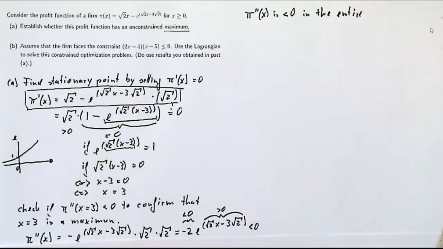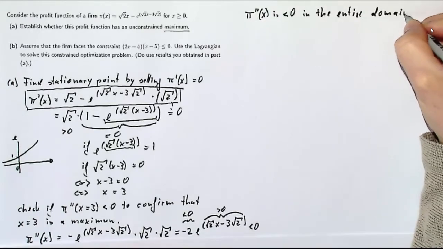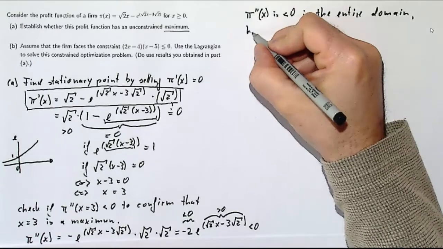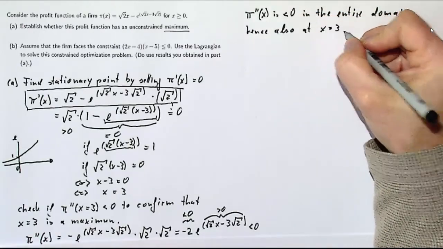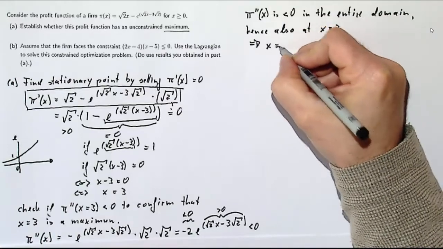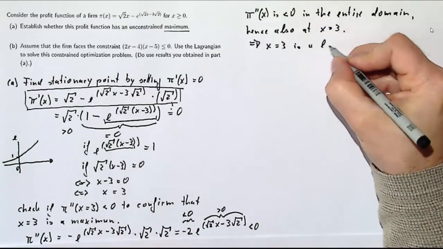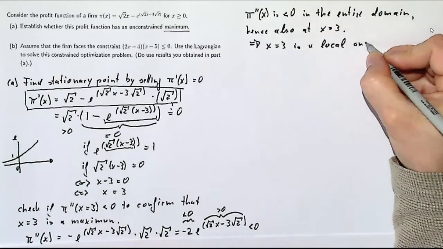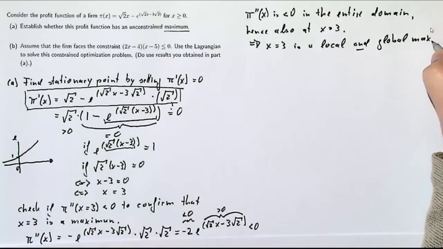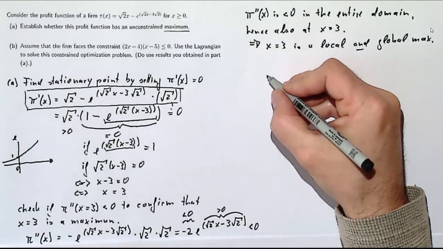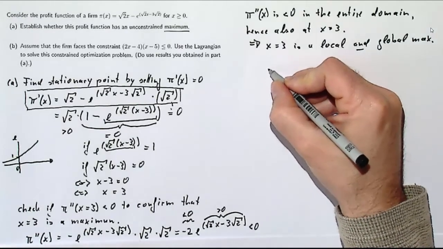So the second derivative of the profit function is smaller than 0 in the entire domain. That means it's of course trivially also smaller than 0 at x equals 3. By that token x equals 3 is indeed a local maximum, and as the function is concave everywhere, it is also a global maximum.